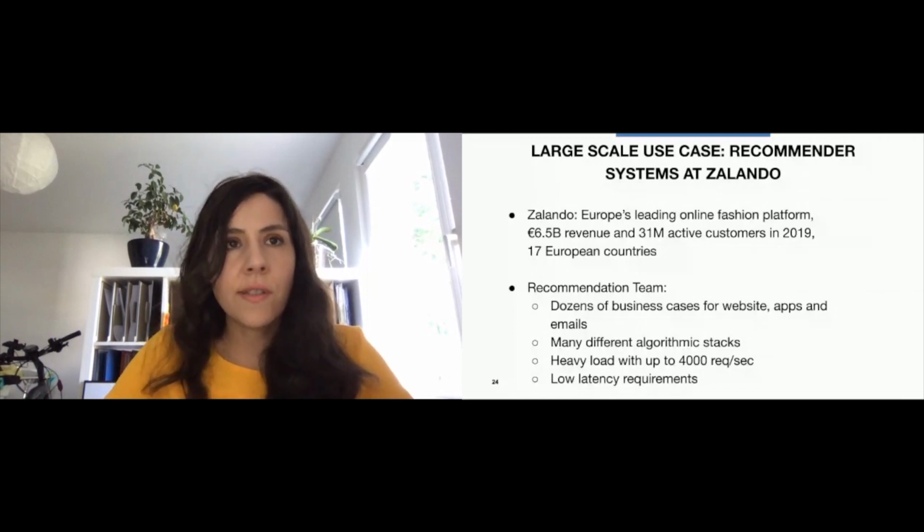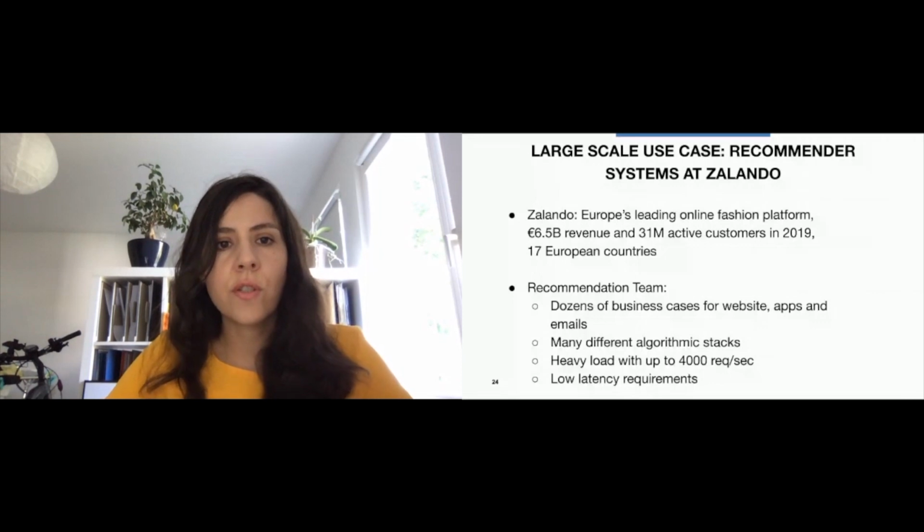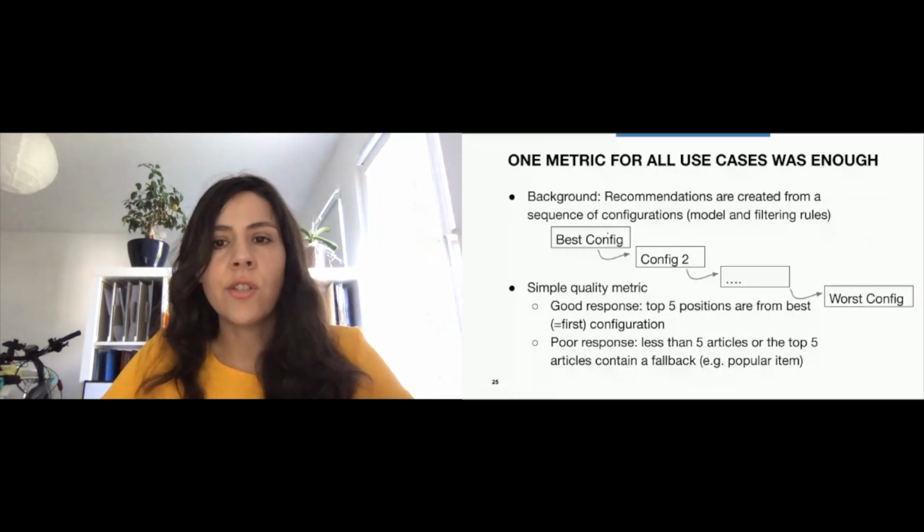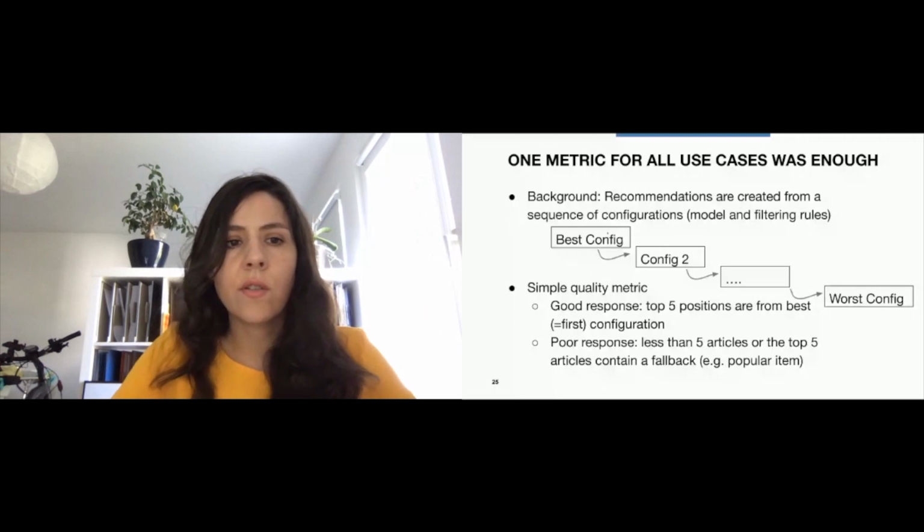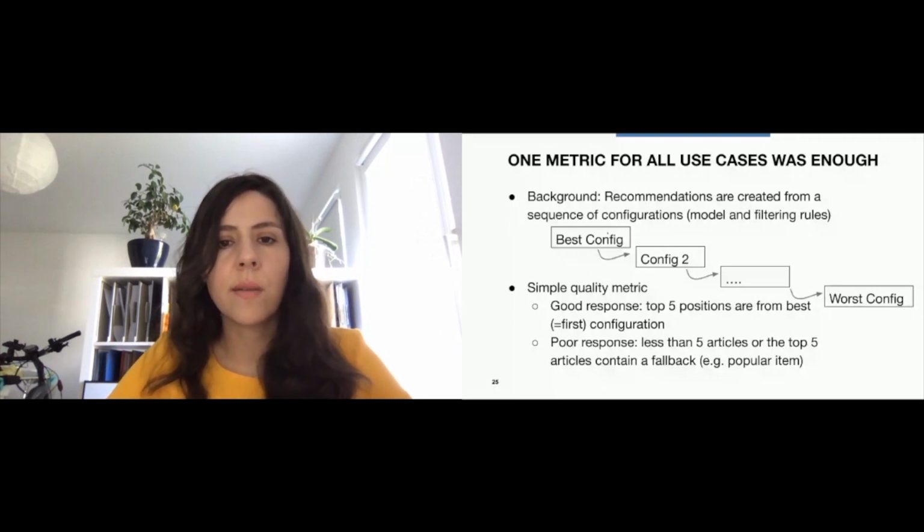Interestingly enough, I could use just a single metric for all these use cases that we were serving, since the recommendations were created from a logic that looked like this. There's always a sequence of configurations. When a request comes in, give me 20 recommendations. There was a best configuration, let's say a personalized recommender with certain business rules.